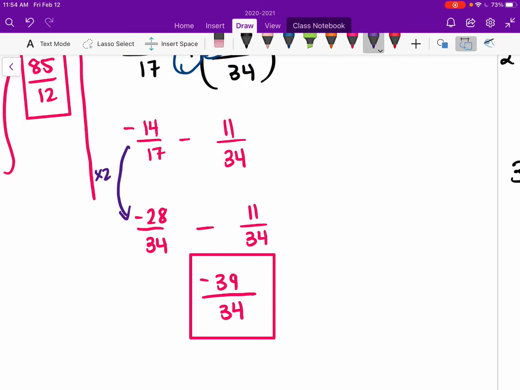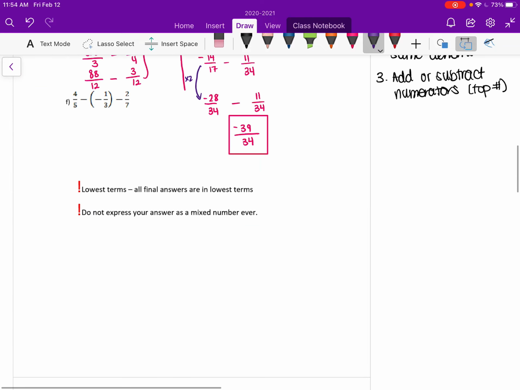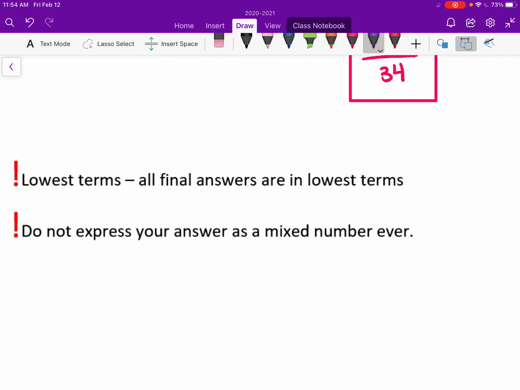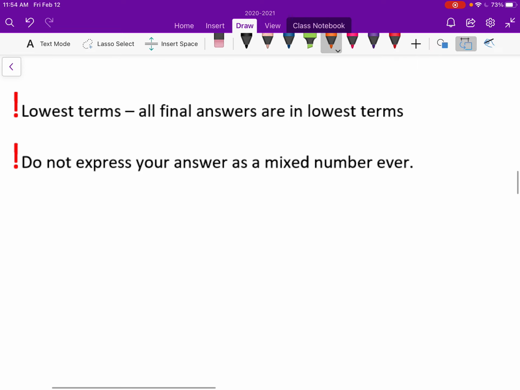Alrighty. So just as a reiteration, make sure all your answers are always in the lowest terms, and you do not express your answers as a mixed number ever. So always, it says do not express. I actually want you to express your answer as a mixed number.